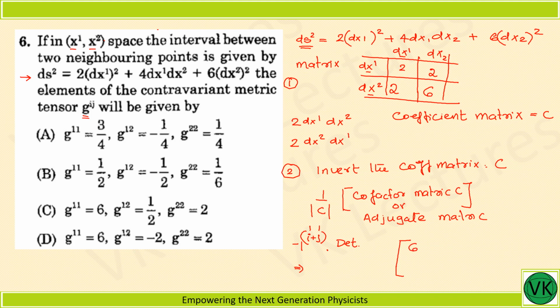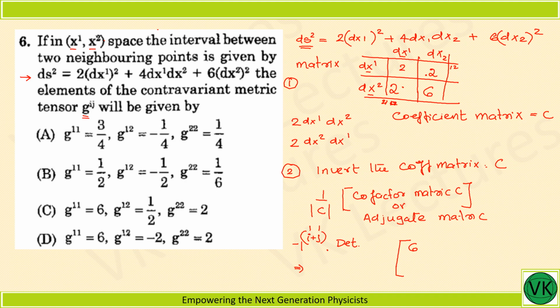For the two quantities 2 and 2, i plus j is odd: this is 2 1 and this is 1 2, rows and columns, so the sum is 3.